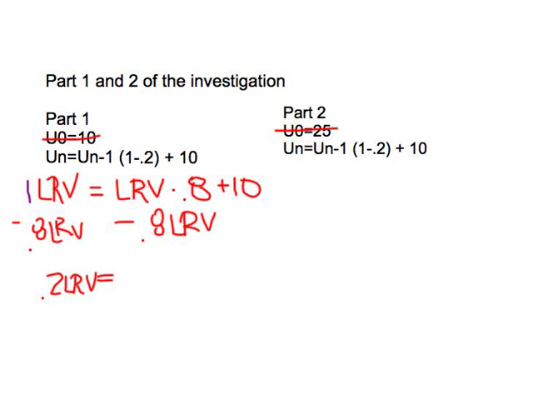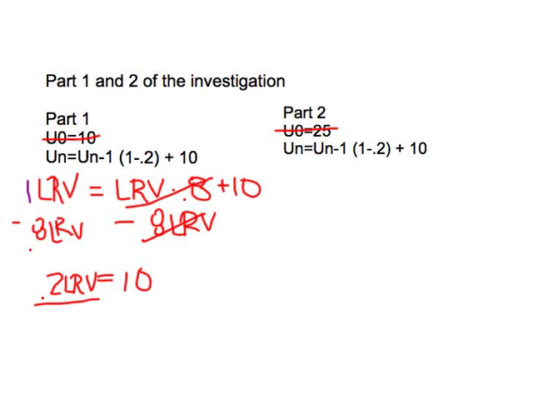And then on the right-hand side of the equal sign, the LRV times 0.8 minus 0.8 LRV will undo each other, and it will become 0. So what I have is just 10.